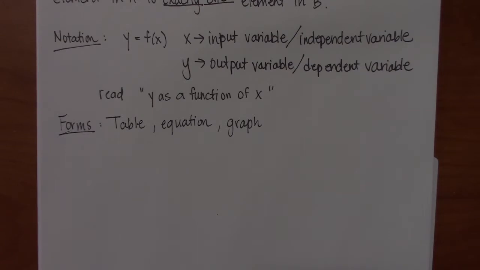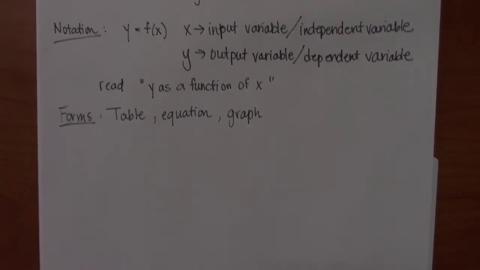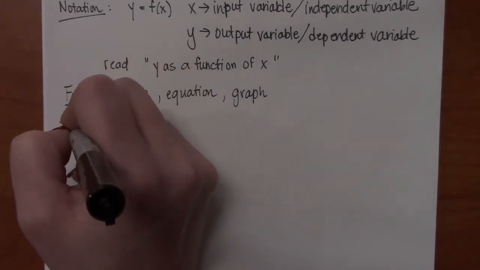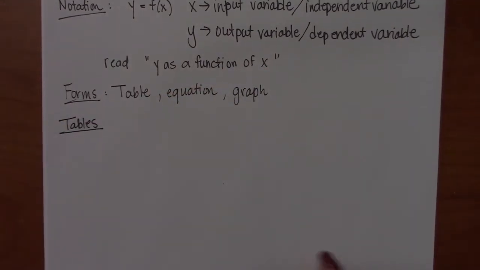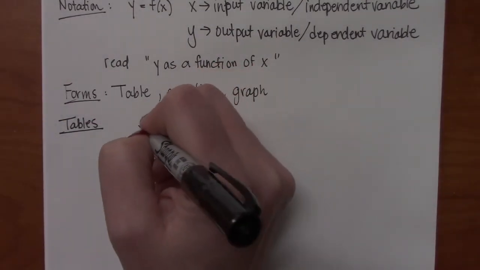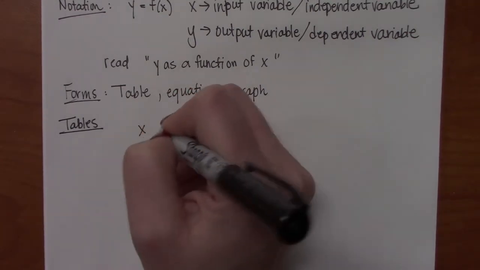We're going to look at all three types, and then we're going to talk about domain and range, and see how you find the domain and range when you're looking at functions of different types. All right, so for the first one, let's look at tables. I want to look at two tables. We're going to write them down first, and then we'll compare them.